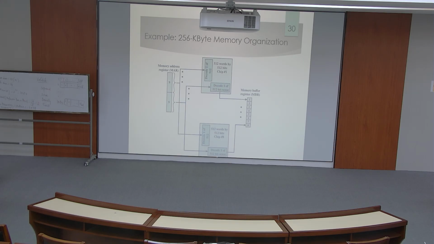So if you are asked to calculate the number of bits per chip, you need to take the number of words in the chip, that is 512 words, and each word is 512 bits, then the number of bits in this chip is 512 times 512. Then you get the number of bits in this specific chip.